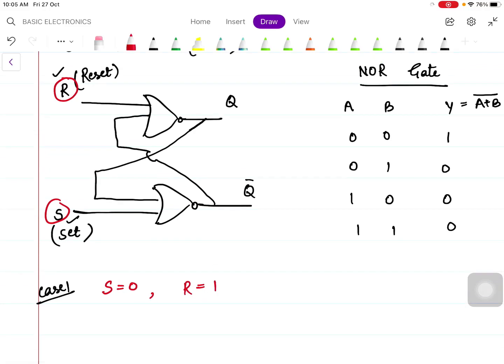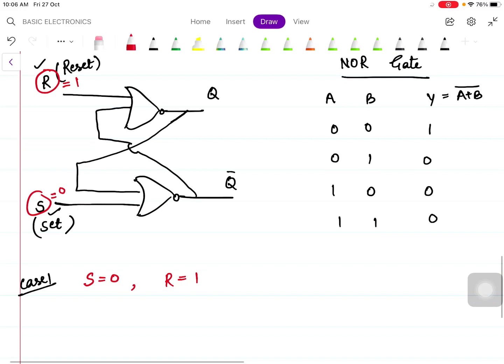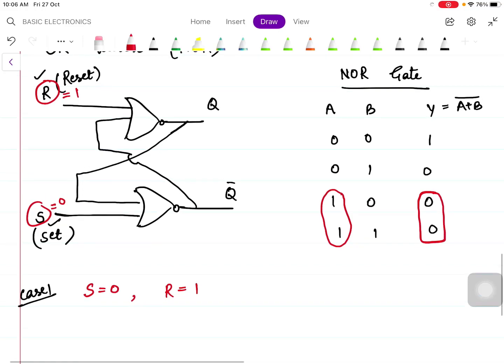When R is 1 and S is 0, pay attention to the circuit. In a NOR gate, if any of the inputs is 1, then the output is surely 0. So in the case of the first NOR gate, one of the inputs is 1, so the output will be 0.